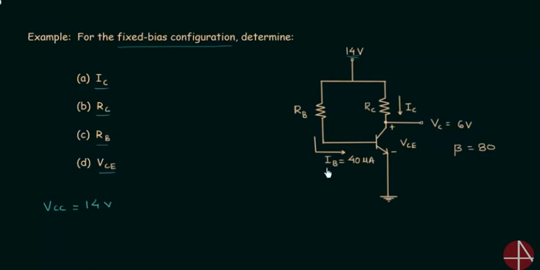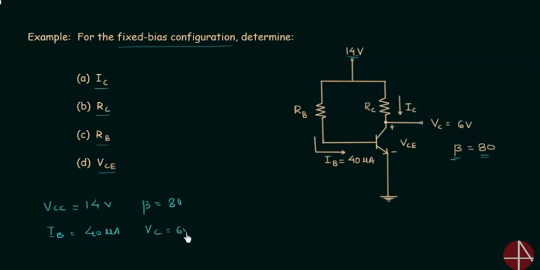The base current IB is equal to 40 microamps. Beta, the amplification factor, is equal to 80, and the potential at this point VC is equal to 6 volts.